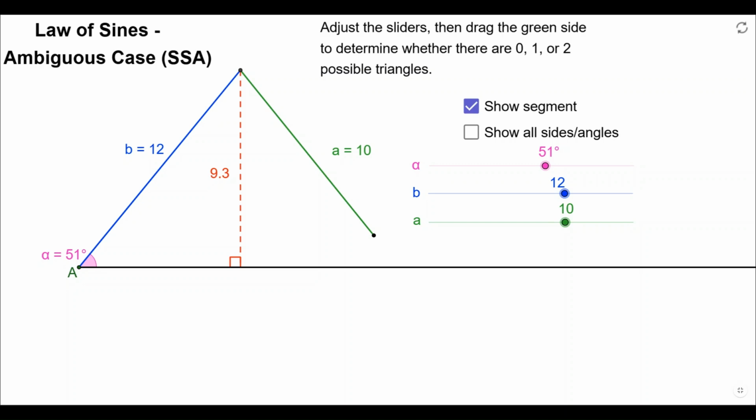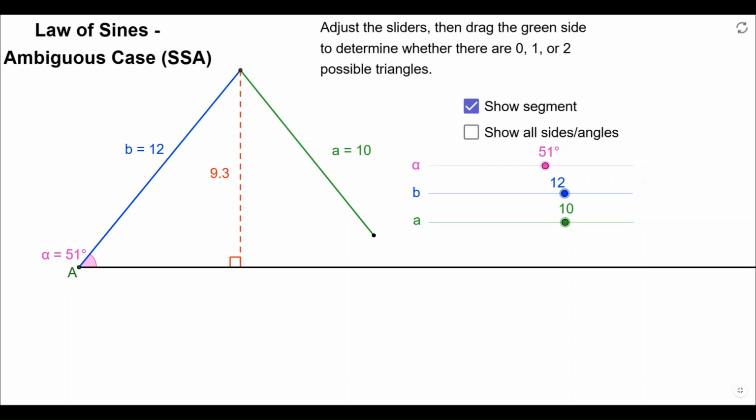So what does that tell us? If you draw that vertical height down, this is how we can figure out what the length of that height actually is. Notice that it forms a right angle at the bottom side, and that creates a right triangle with angle A and side B. If we know angle A and side B, then we can figure out the height just using sine.